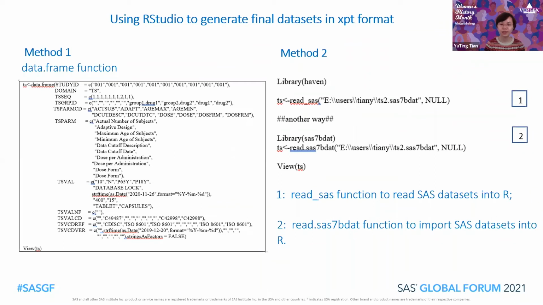If you install the haven package, as we mentioned in the former slide, then you need to use the read_sas function to read SAS datasets into RStudio. However, if you install the sas7bdat package from the former slide, then you need to use the read.sas7bdat function to import SAS datasets into RStudio. Next slide, please.